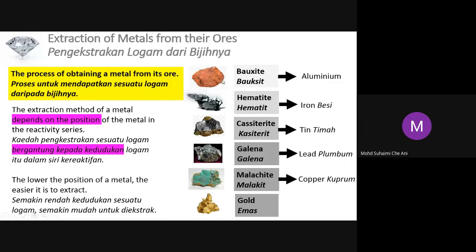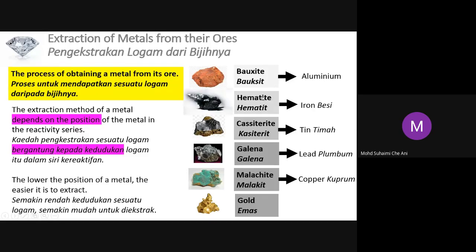If you remember, bauxite is aluminium oxide, so inside bauxite there is aluminium metal. Humans mine the bauxite in order to get the pure aluminium metal.